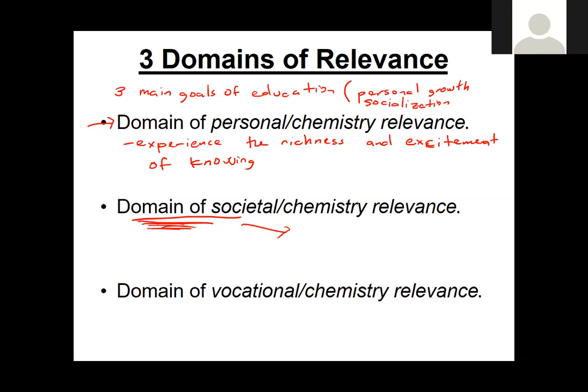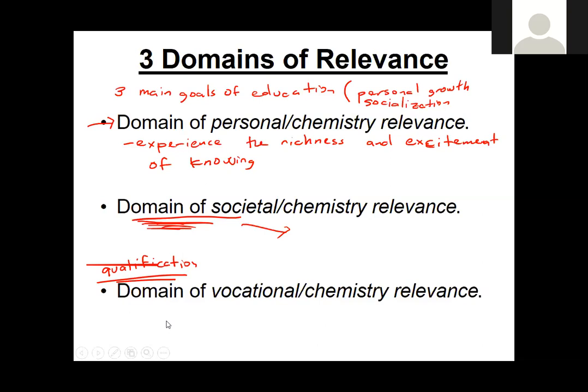So we could say that societal relevance is related to the three main goals of education. Now, the last main goal of education, after personal growth and socialization, is the goal of qualification. The goal of qualification is directed at preparing students for employment in fields that best fit their interests, ambition, and abilities.